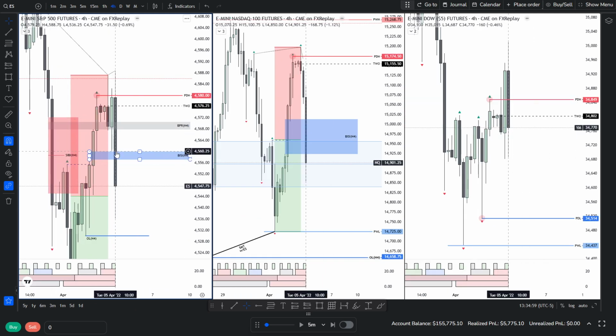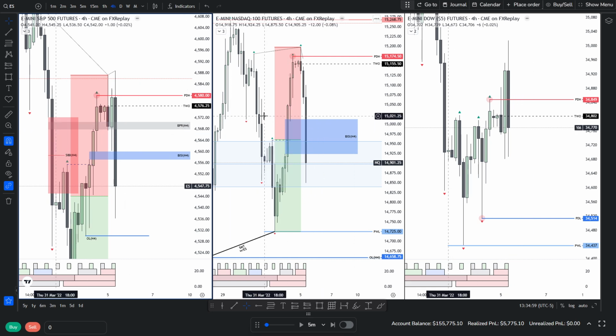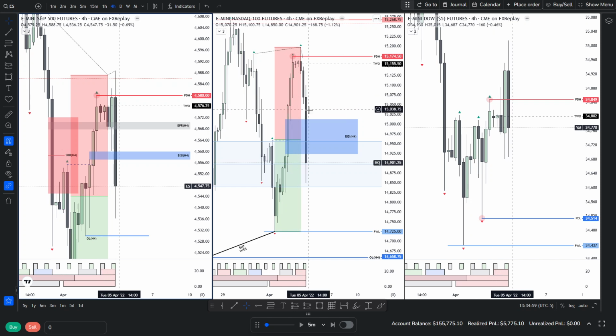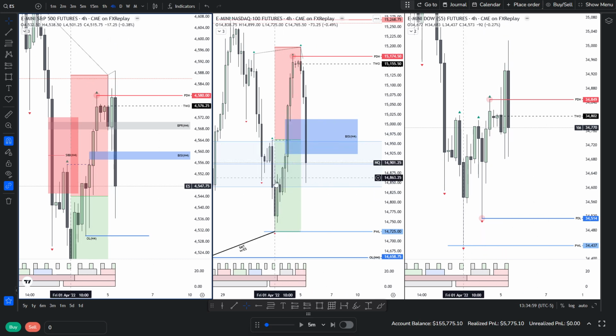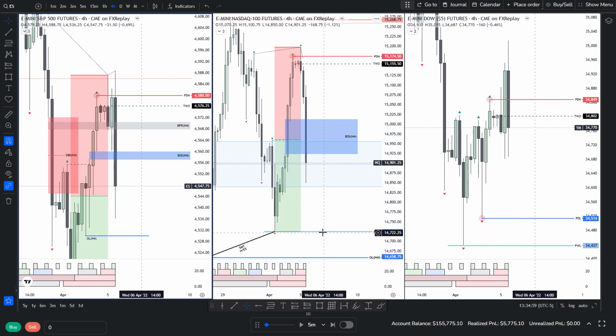Because we saw that price had traded to and through the balanced price range, so this was really supporting lower prices. We also saw how NQ had traded through a discount PD array here, so that indicated that we're likely going to trade at least to a discount market. And as you can see, there are no imbalances below the market, so potentially we're going to trade here.